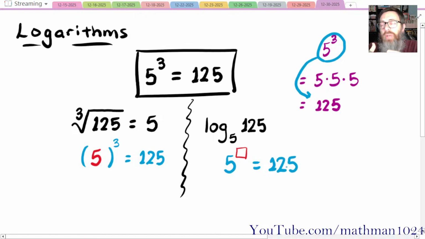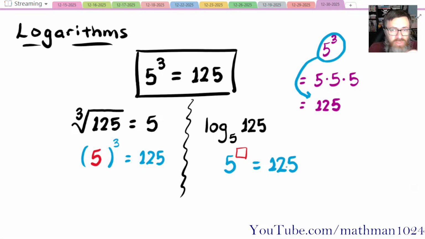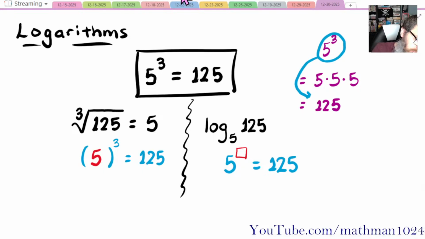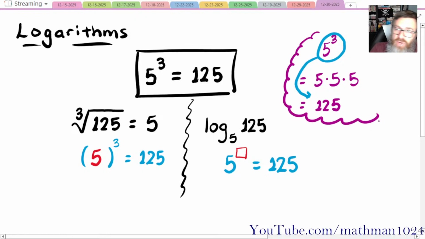So what we are given from that exponential equation is we're given the base, we're given the answer, we don't know the power. That's what a logarithm is asking. The logarithm is asking, what's the power? And again, as we can see from what we already did over here, we know that 5 to the third power is 125.